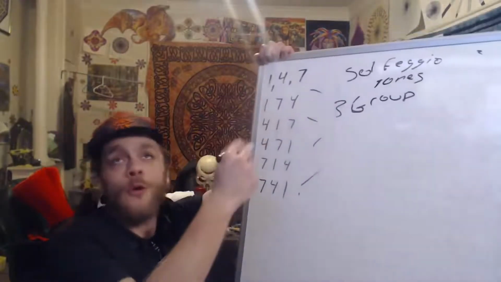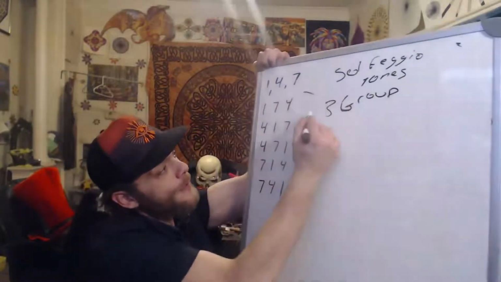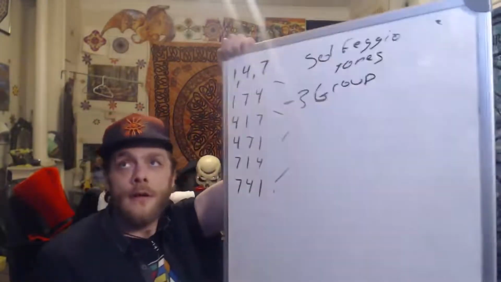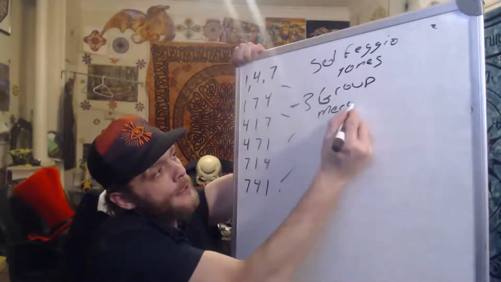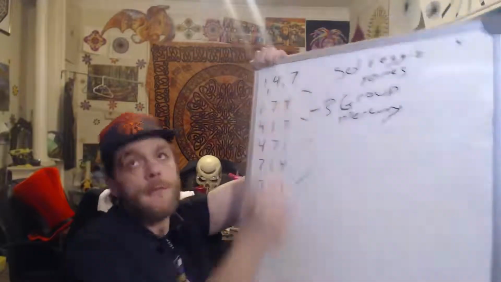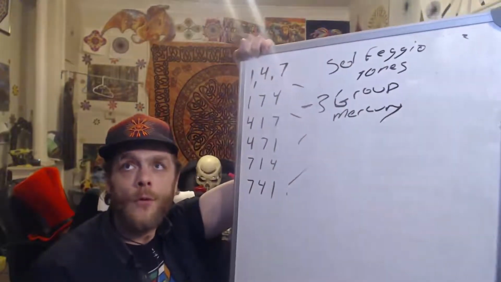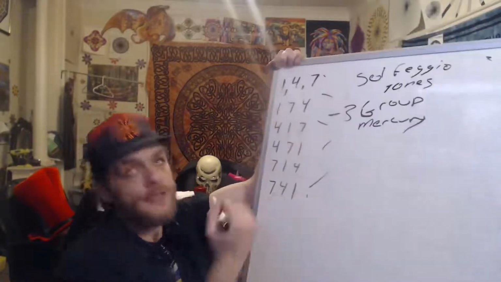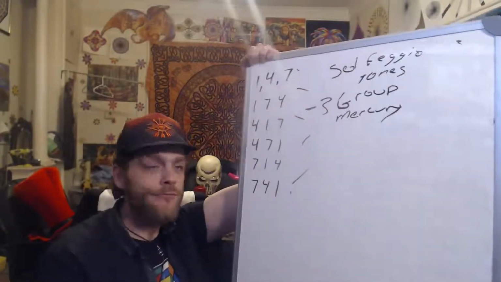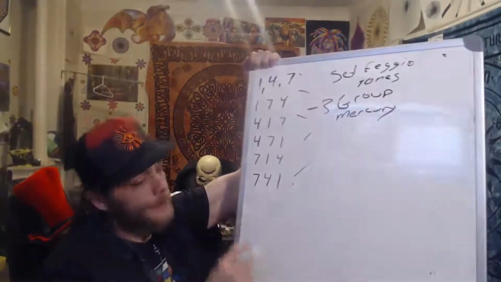So that's sol, fuego tones, and the 3 group is a negative. They are mercury tones. So that's the low state of mercury tones, and that's the high state of mercury tones. Okay?